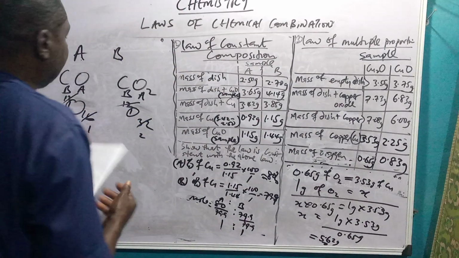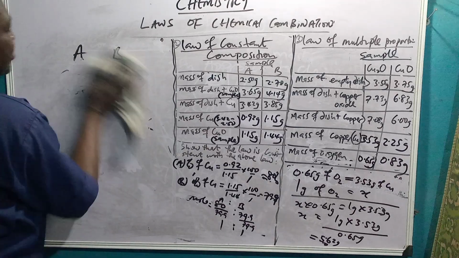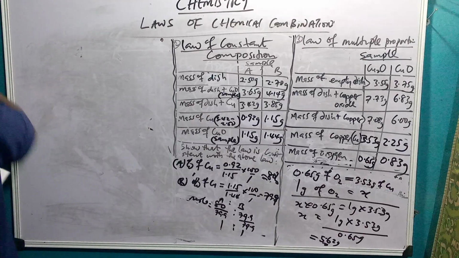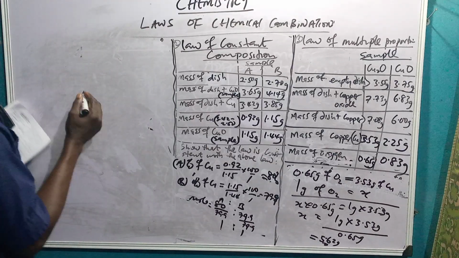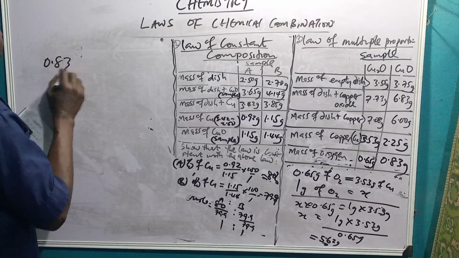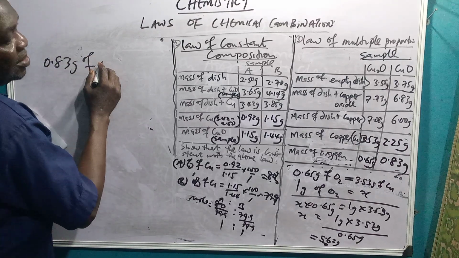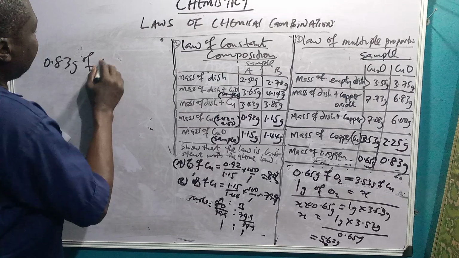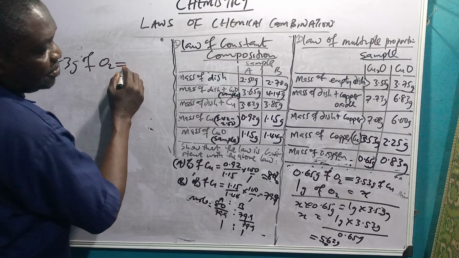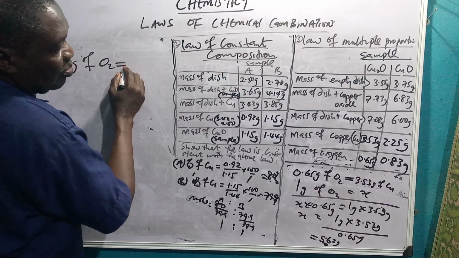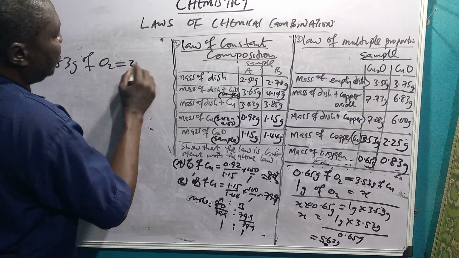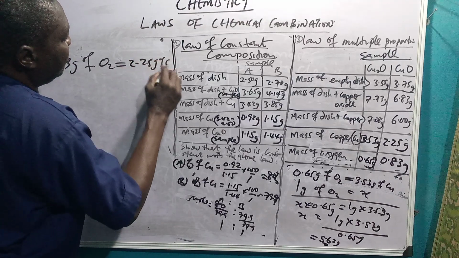Then for the second one, 0.83 gram of oxygen gave 2.25 gram of copper.